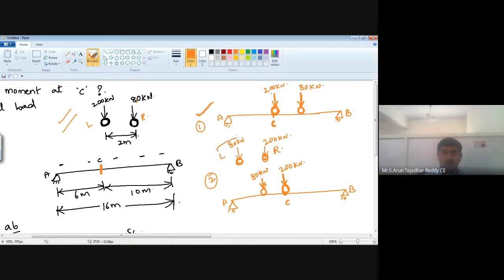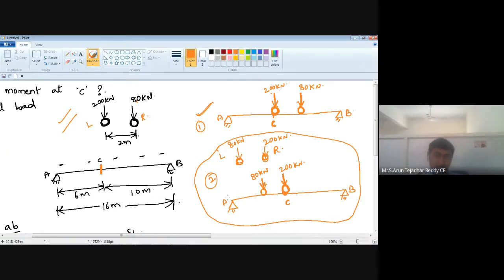So don't consider this diagram, I told you just for your knowledge, that's it. Don't consider it here. Next, so this is the location of wheel loads.